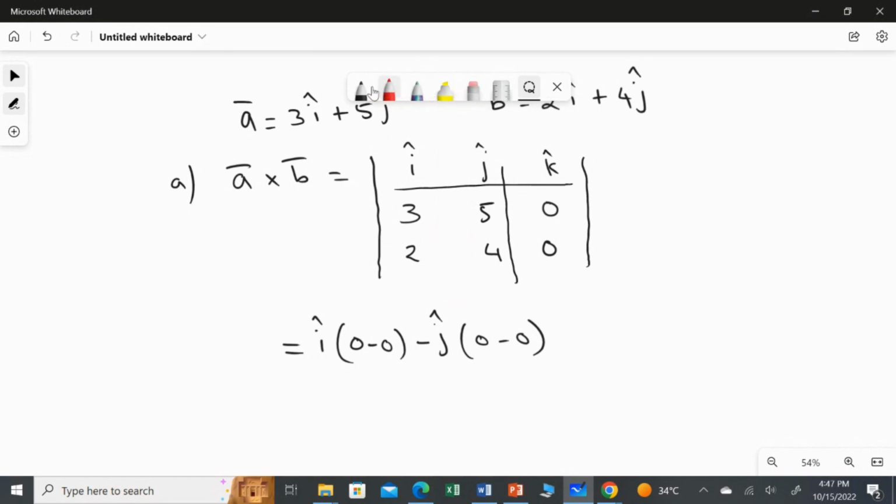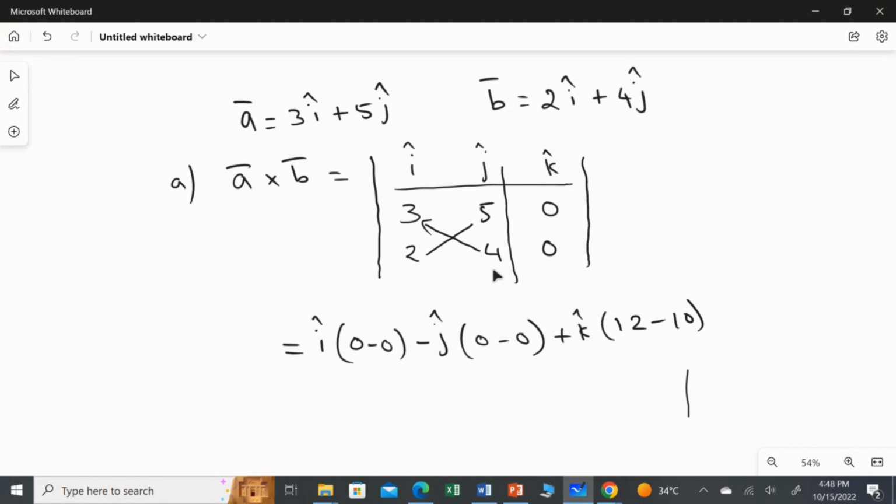And this time I have to go for k cap. K is positive, so plus k cap. 4 multiplied by 3 is positive, and here 2 multiplied by 5 is negative. So 4 multiplied by 3 is 12, and minus of 2 multiplied by 5 is 10. So what's the answer?